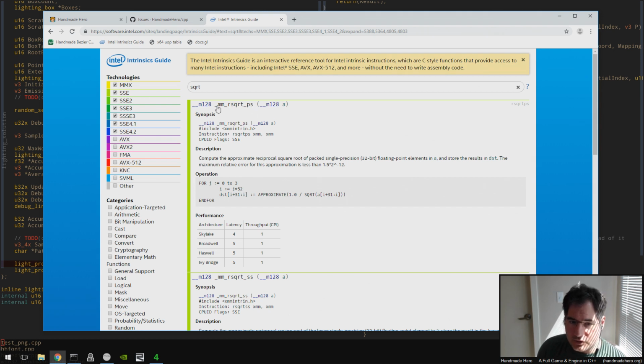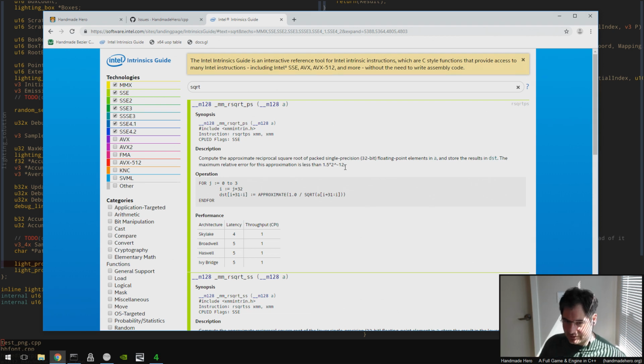And when you do this, the only caveat, you can see how fast it is. It's latency 4, but it's throughput 1. You can issue 1 every cycle, right? But what you can see here is that reciprocal square root doesn't quite give you the right answer, right? So the error is proportional to this value here, which is what, half the bits are wrong, something like that.